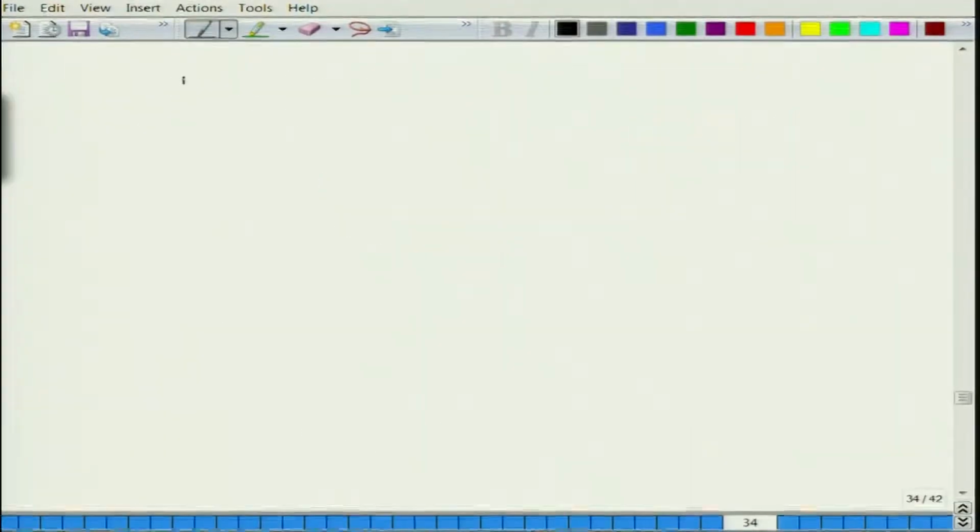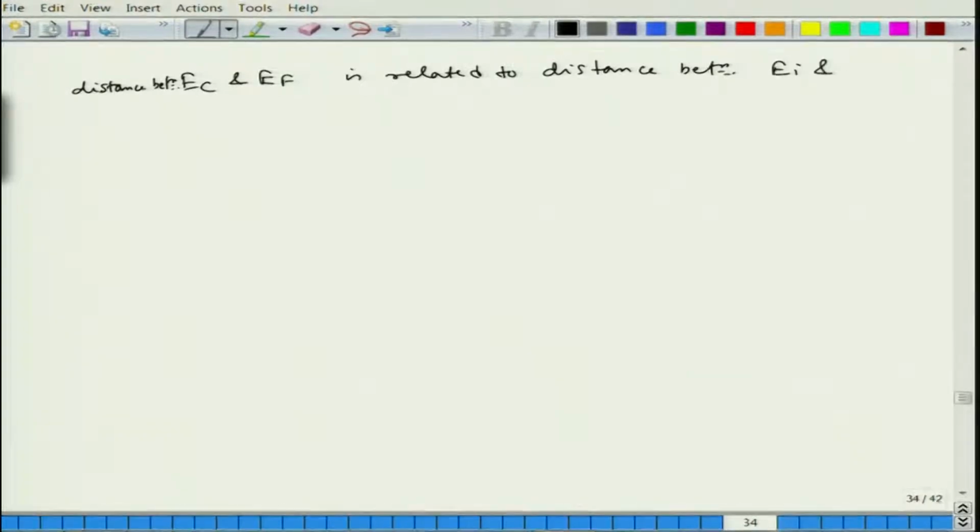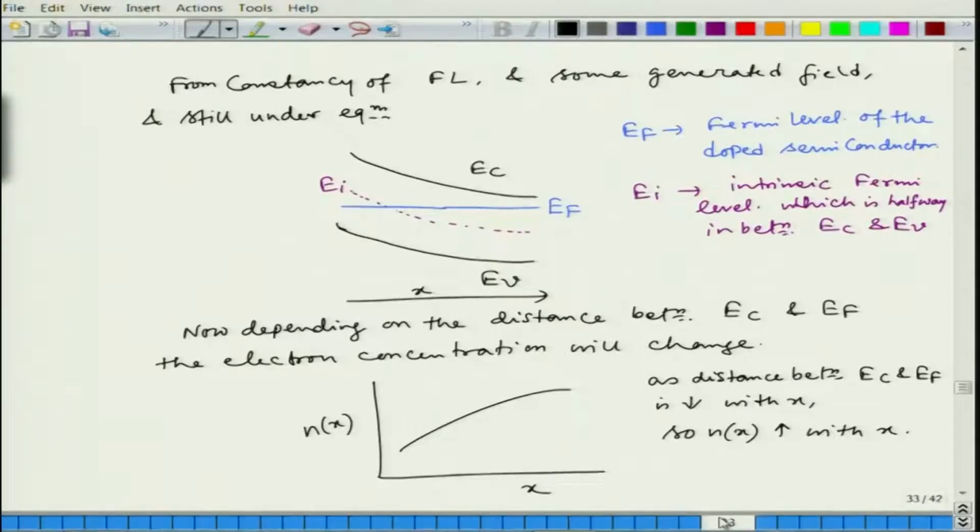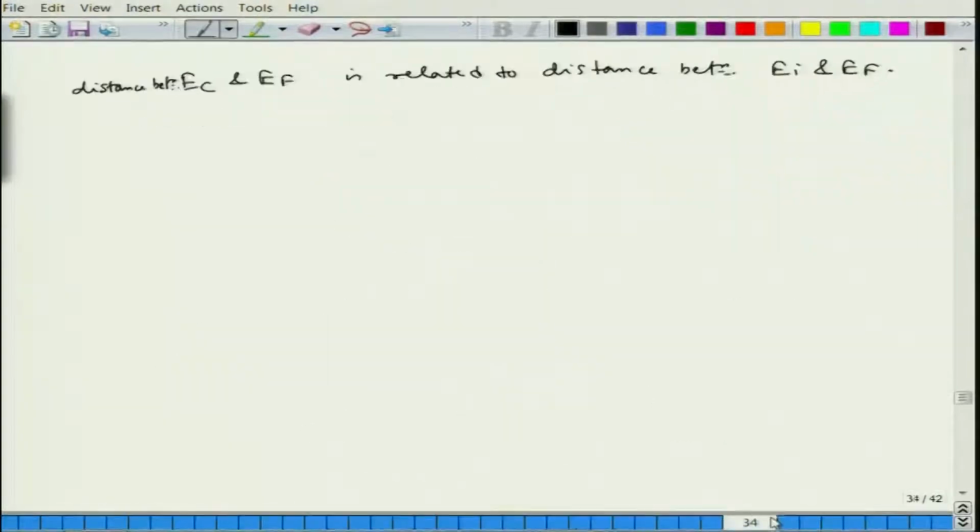Now, the distance between EC and EF is related to the distance between EI and EF, right. You can see it here that you can also write it in terms of EF minus EI.